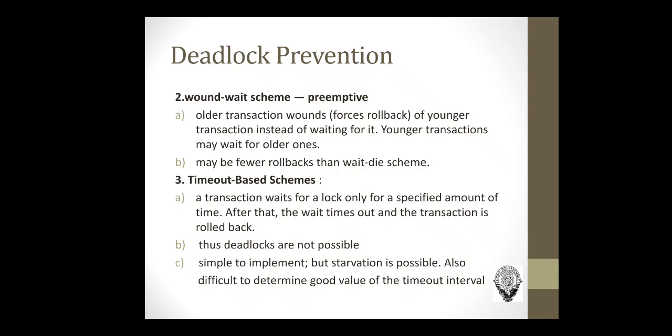In this scheme, it is exactly the opposite of the wait-die scheme. There may be fewer rollbacks than in the wait-die scheme, because here the younger transactions are rolled back rather than the older ones waiting for them. So it is possible that there will be a smaller number of rollbacks in this wound-wait scheme.